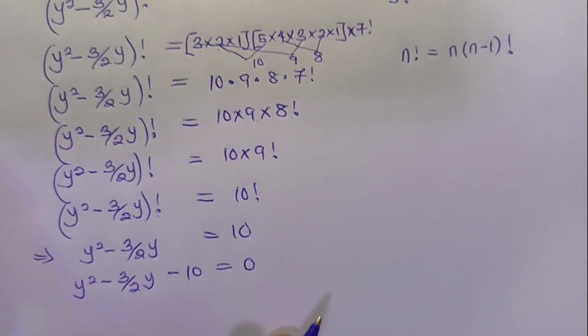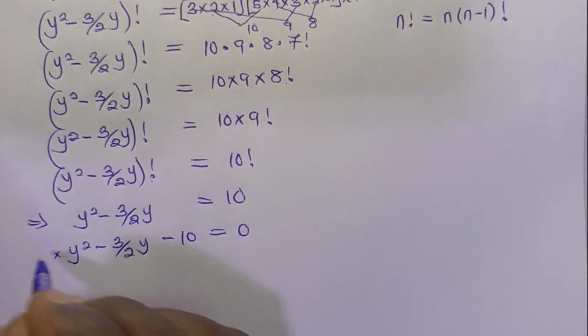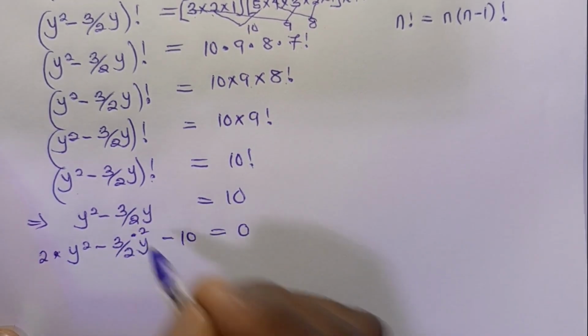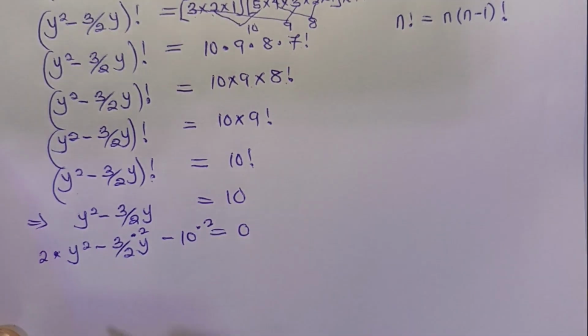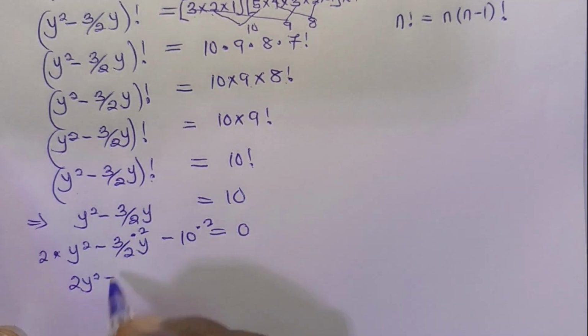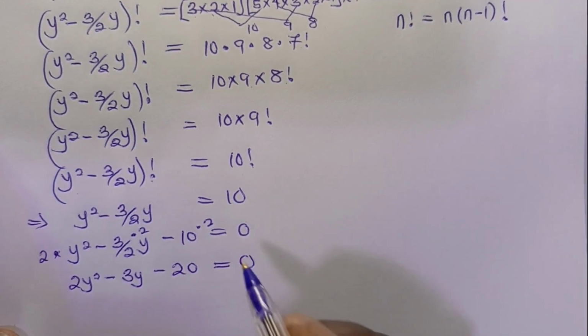Let's multiply through by 2 so the equation will look beautiful. Multiplying through by 2, we have this times 2, this one 2 times 2, this one times 2. So this will give us 2y² − 3y − 20 equals 0.